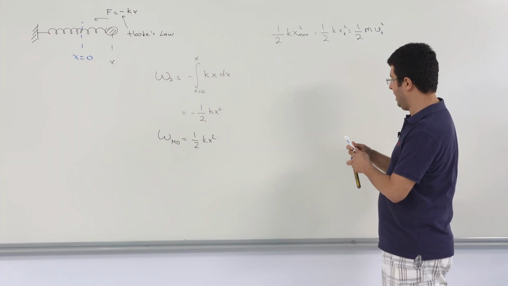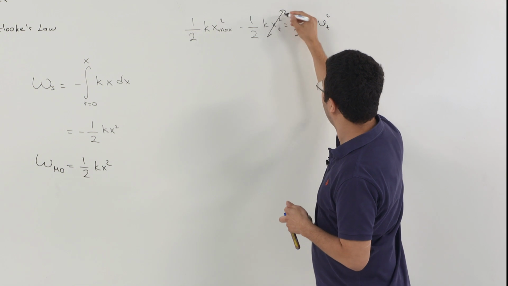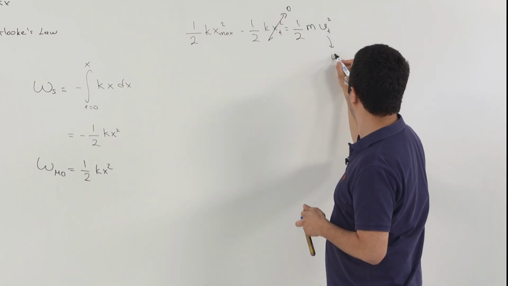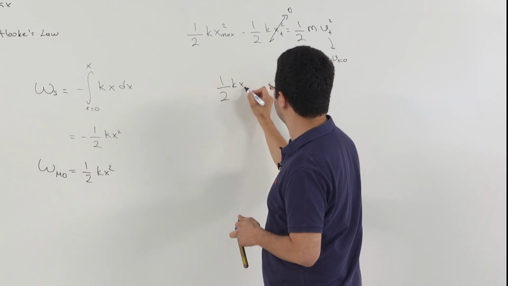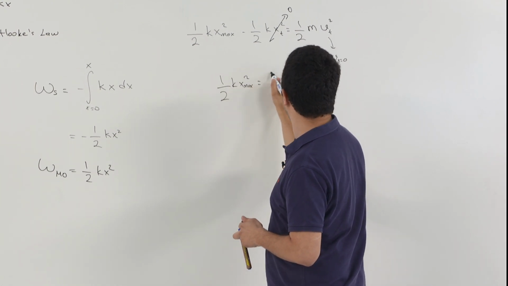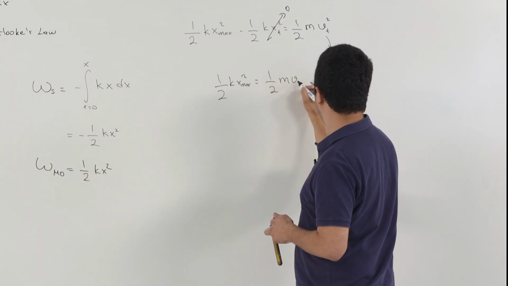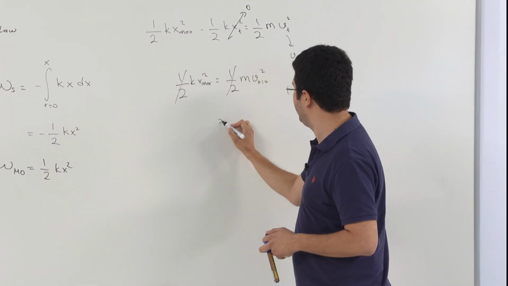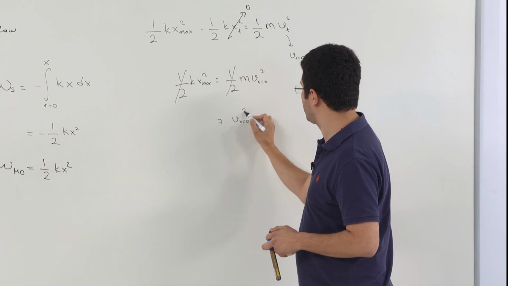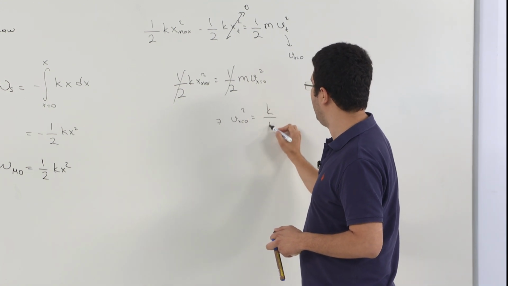So for that I have x equal to 0. So I have 1/2 kx max squared is a half mv squared, which simply tells me that v squared is nothing but k over m x max squared.